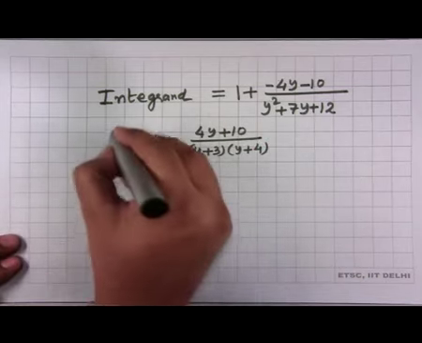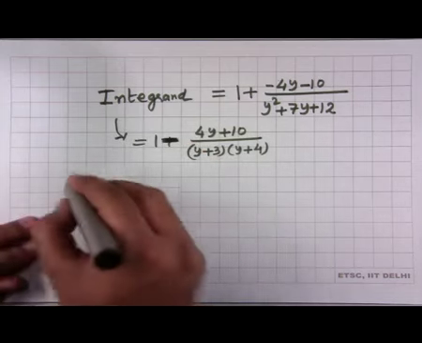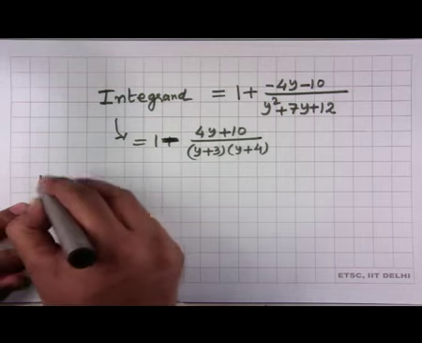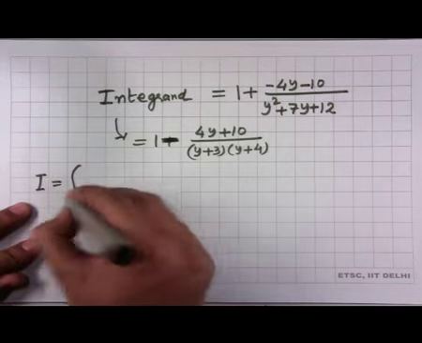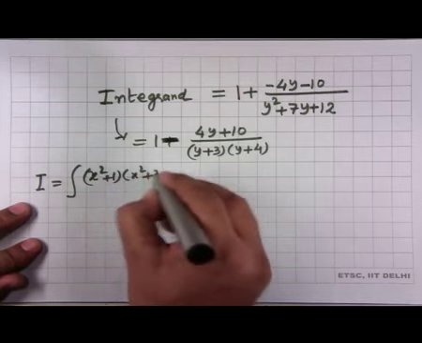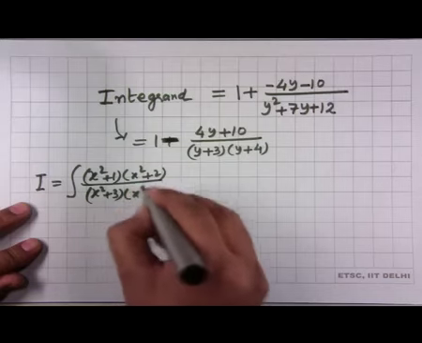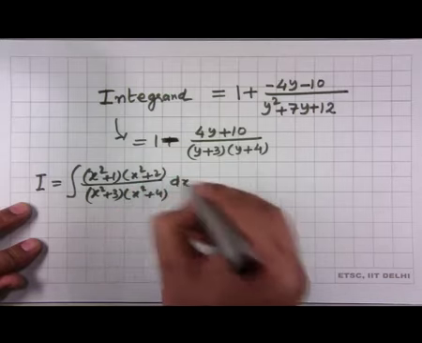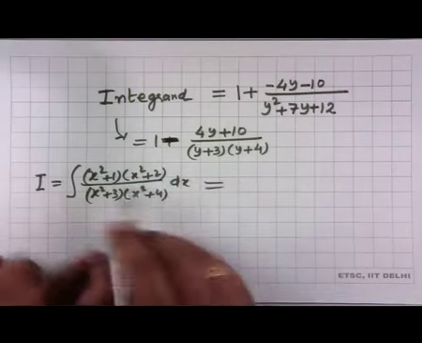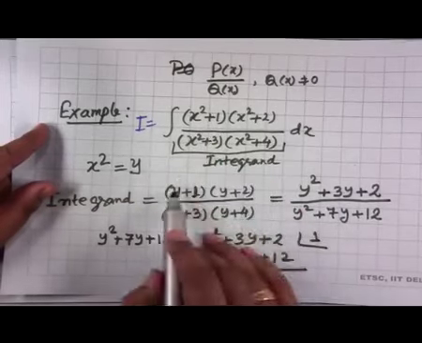So, our actual integral I, which is x square plus 1 x square plus 2 divided by x square plus 3 into x square plus 4 dx, we only changed x square by y.